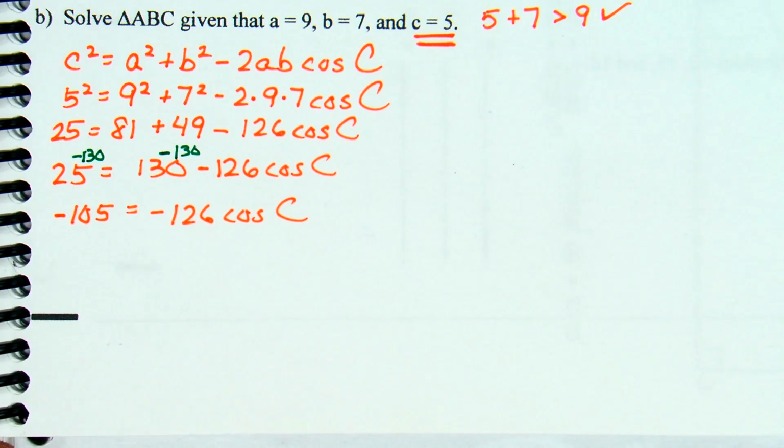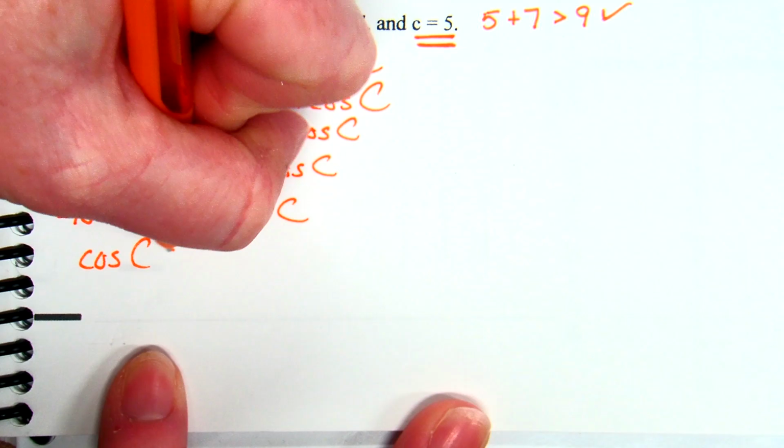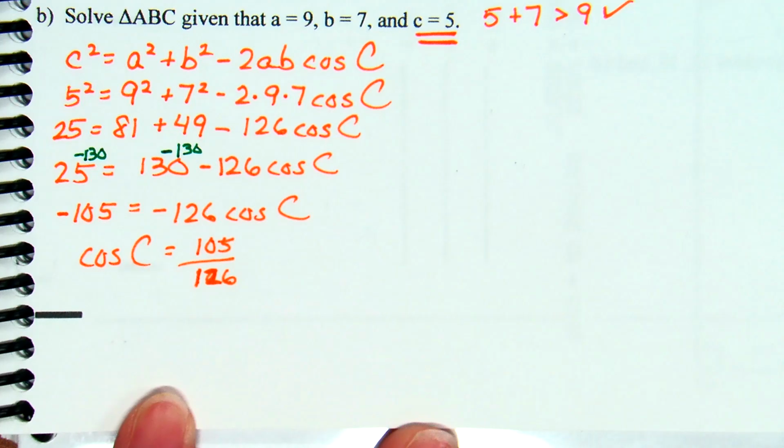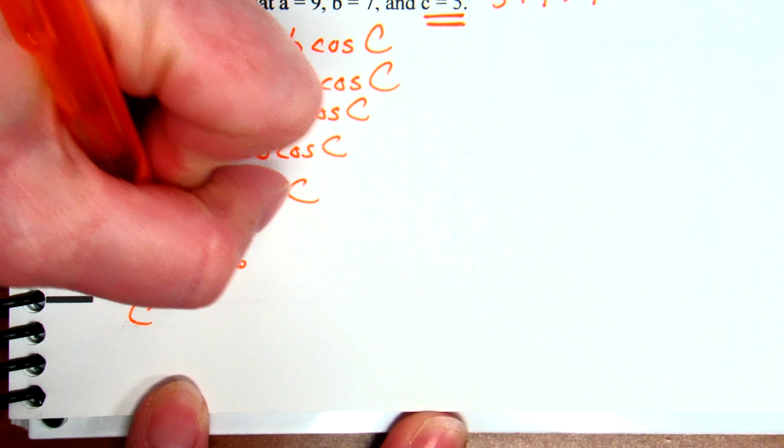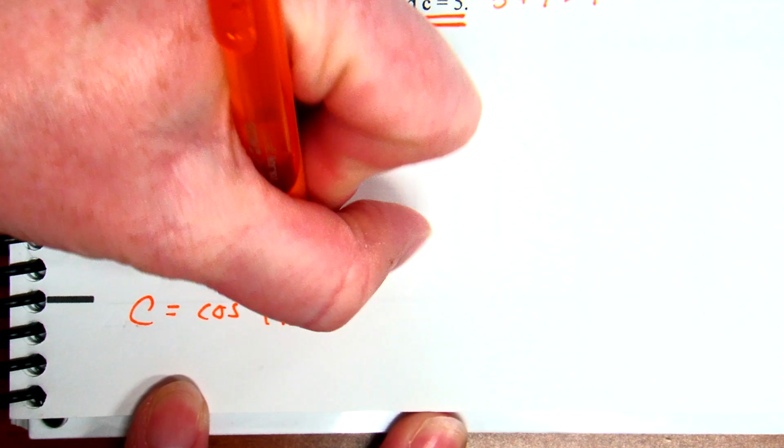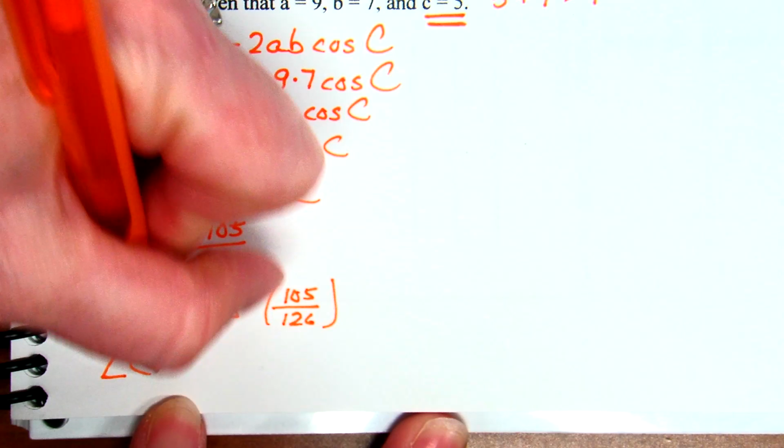So I'm going to write this as cosine of angle C is 105 divided by 126. In order to find angle C here, we have to use inverse. So C is going to be cosine inverse of 105 over 126.